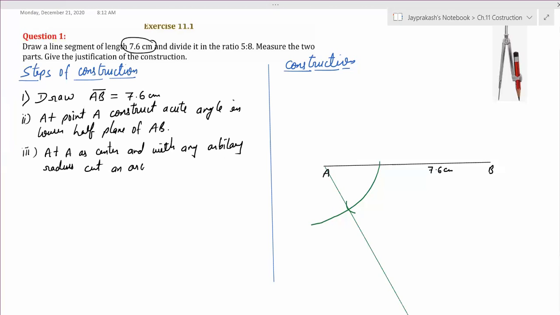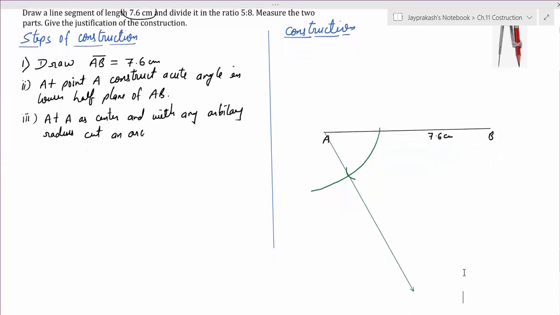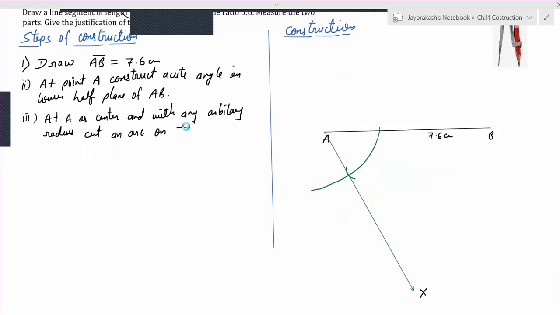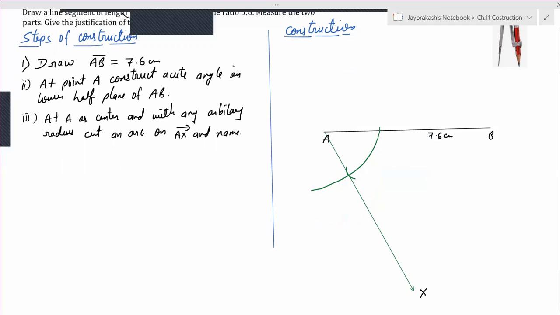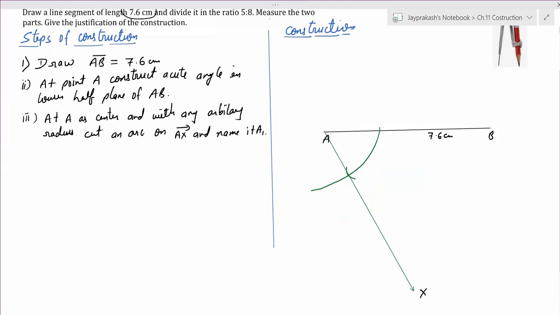So we are taking this ray as AX, so write down X here. Cut an arc on ray AX and name it A1 from point A on the ray AX.